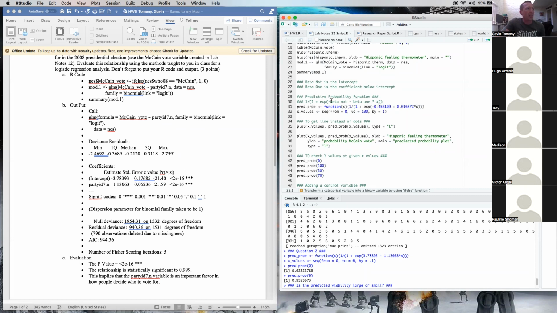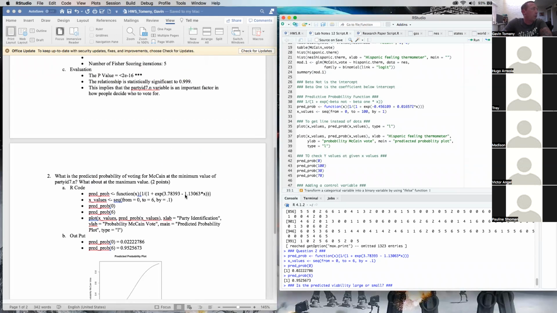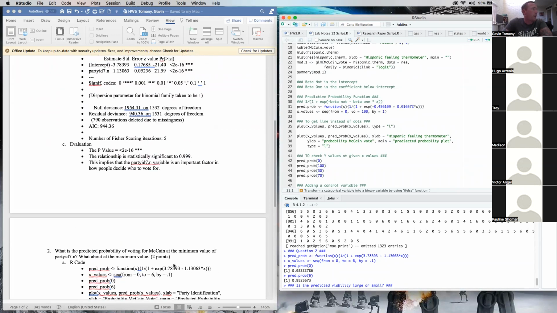So it's negative beta naught, or negative intercept coefficient, minus beta 1, which sometimes we've called the slope, but it's the coefficient next to our independent variable. So when we put those in, we are creating predictive probability. That's our function, and it's a function of x.